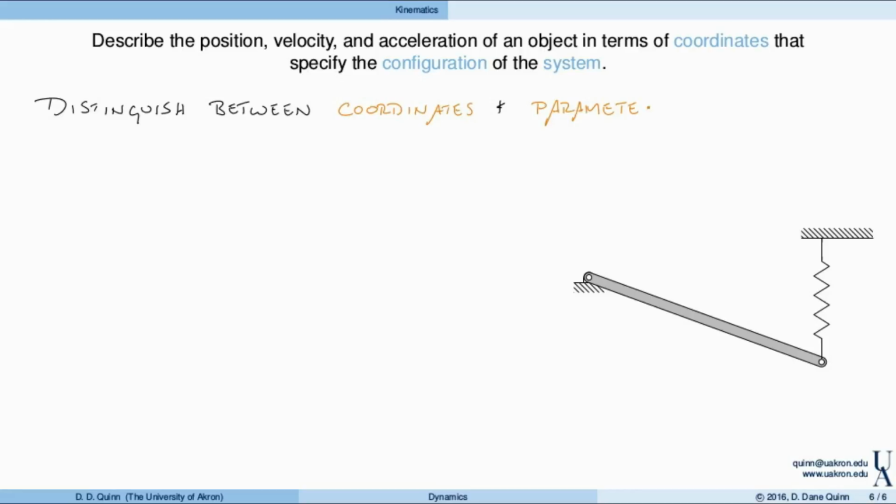Both of these things are measurable, but coordinates specify the configuration, while parameters do not. In particular, parameters are measured independent of the configuration.